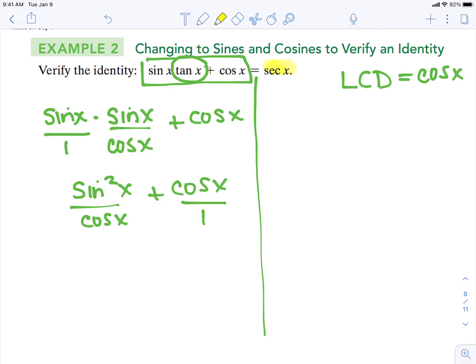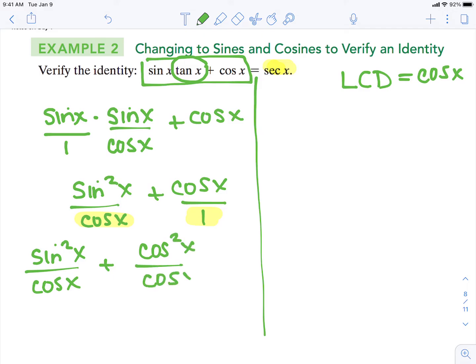So I already have a cosine of x here, but I don't down below. So I need to multiply that second fraction by a cosine of x. So this is now going to be cosine squared of x over the cosine of x. So you're increasing that second fraction by a cosine of x.